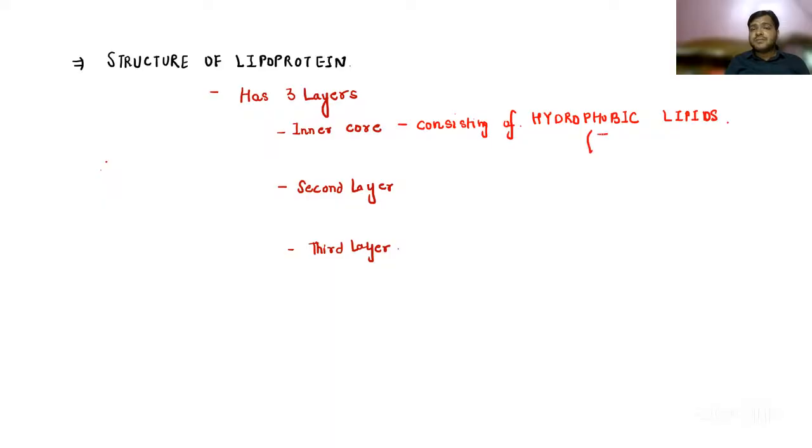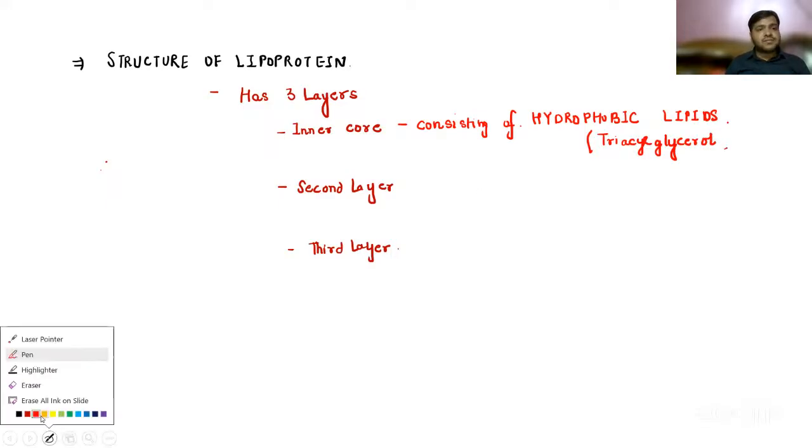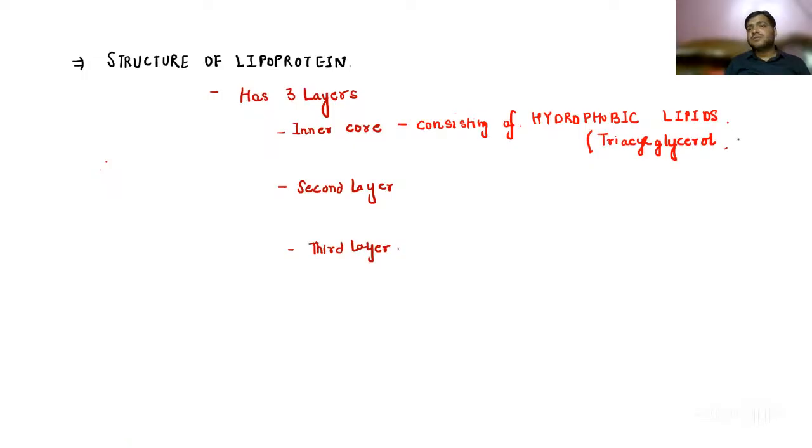One of the examples that we discussed yesterday is triacylglycerol. There could be one more example: cholesterol esters. I will be discussing cholesterol in detail, but as of now, just remember we have cholesterol esters also.